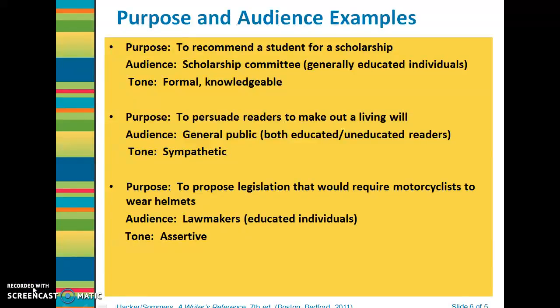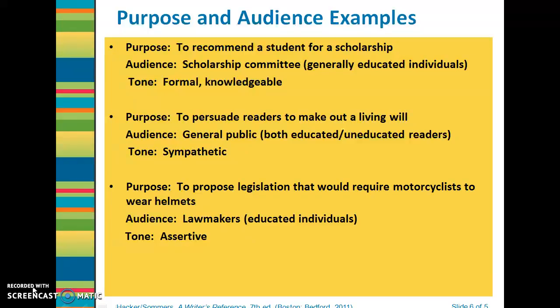So let's look at some examples here of purpose and audiences. Look at the first bulleted item. The purpose is to recommend a student for a scholarship. The audience will be a scholarship committee, and generally these are going to be educated individuals, comprised of a group of people who are perhaps educators, instructors themselves, or maybe folks who are in a student service area of a university.